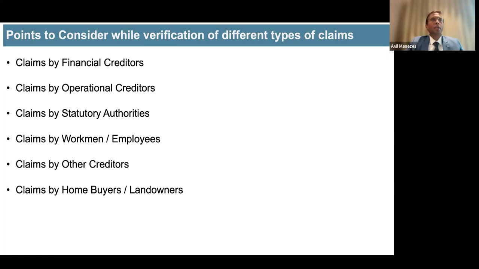A lot of MSMEs come and say that we are an MSME, so bank rate into 3 times, this is what you will have to pay. In all cases, the position I have taken is we do not accept such interest as claims of operational creditors unless it is mentioned in their contract or written in their bills, invoices, etc. So in those cases only, interest is being accepted.